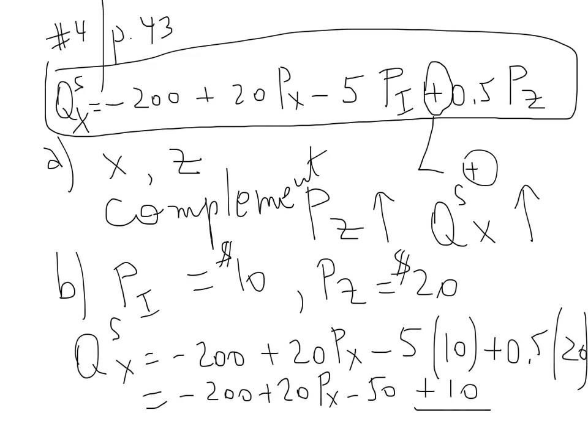So then we add 10 minus 50, that's minus 40, minus 200, that's going to be minus 240, and the 20 px stays the way it is.